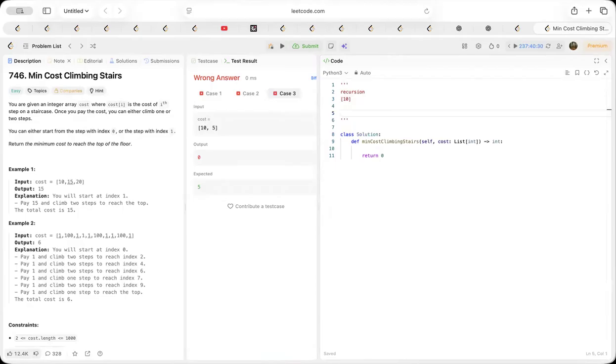So the branching logic is there, and I can calculate the cost, including that.